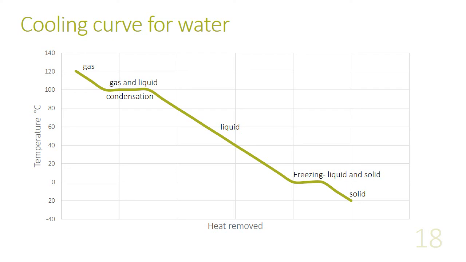When you finally get to the end of that flat part, it's all turned to solid, and then if you continue to remove heat, eventually the solid will just get colder and colder. So the cooling curve is just backwards from a heating curve.